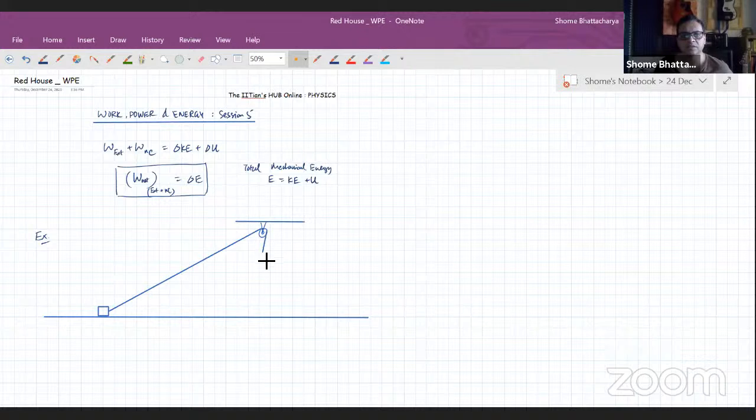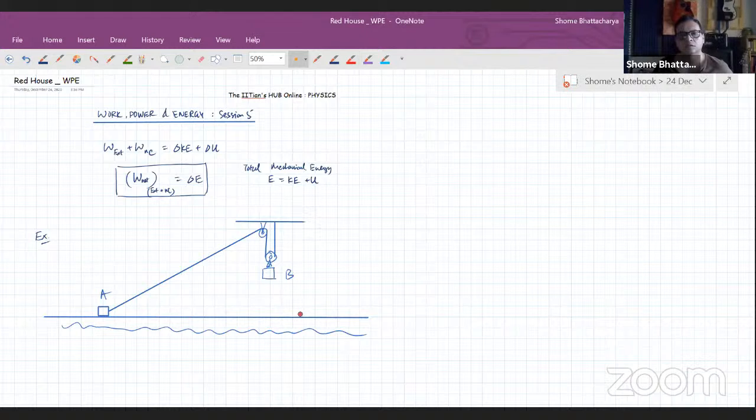The thread on the other side goes around a second pulley, then finally is attached to the ceiling like this, with another block. These blocks are A and B.